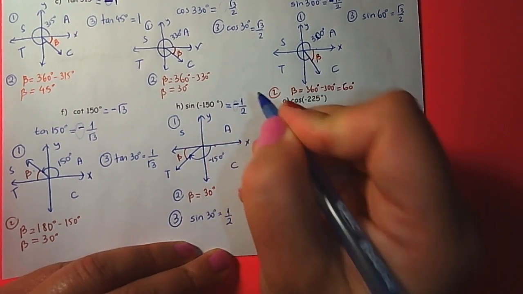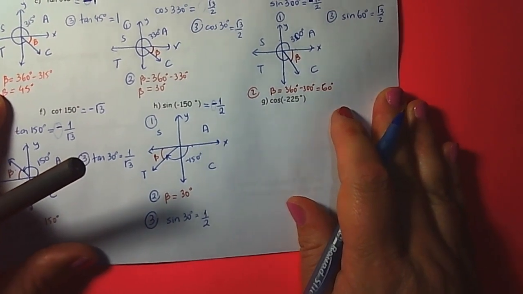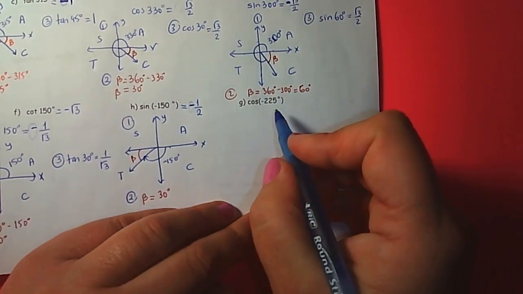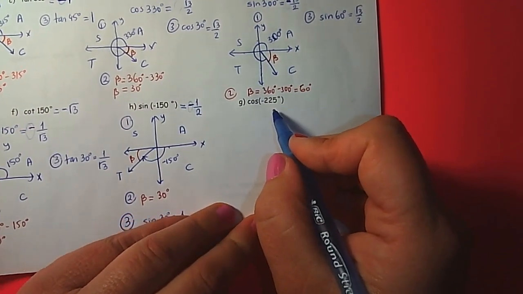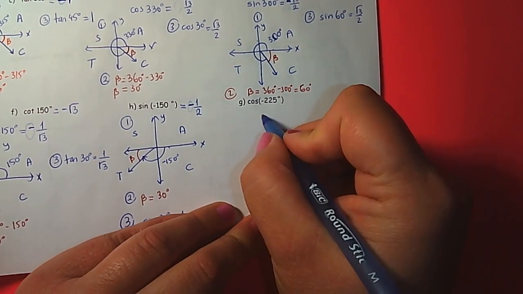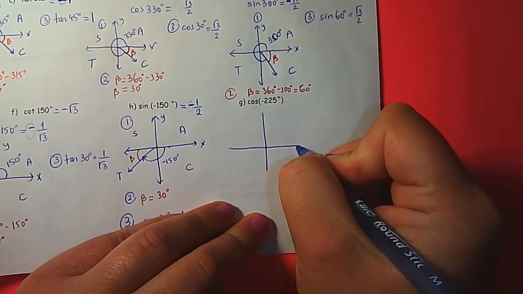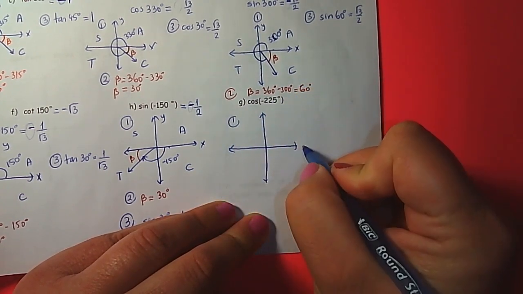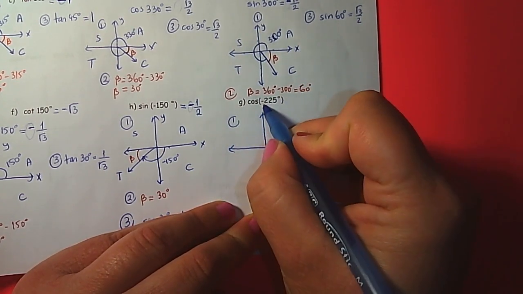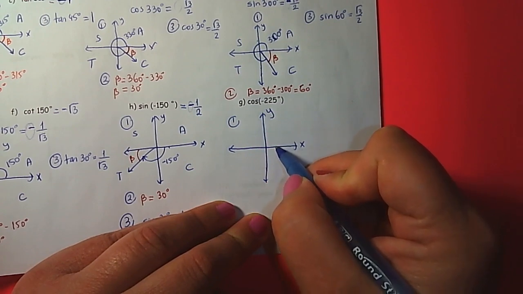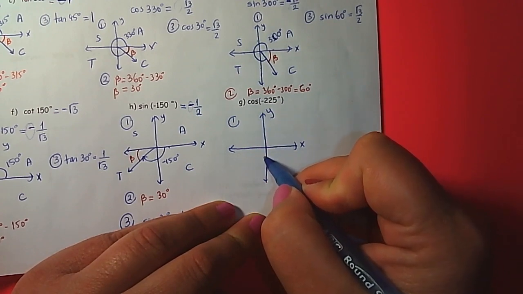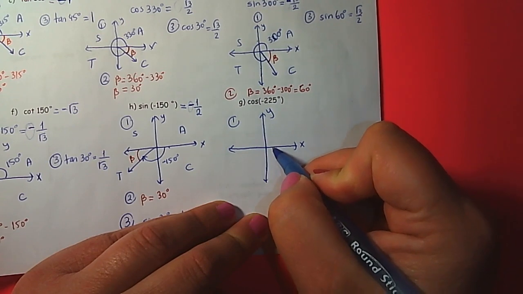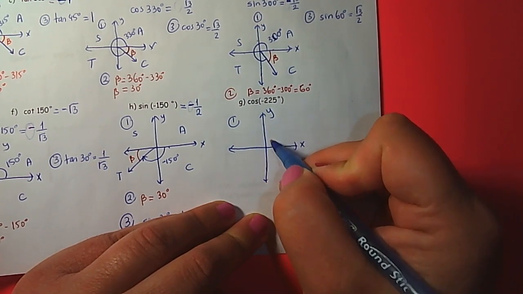Next example, we have cosine negative 225. Again, step 1, sketch the angle. It's a negative angle. We go clockwise. Negative 90, negative 180. So that would be negative 270.